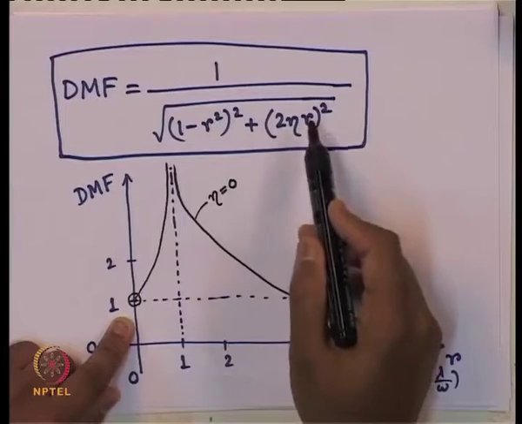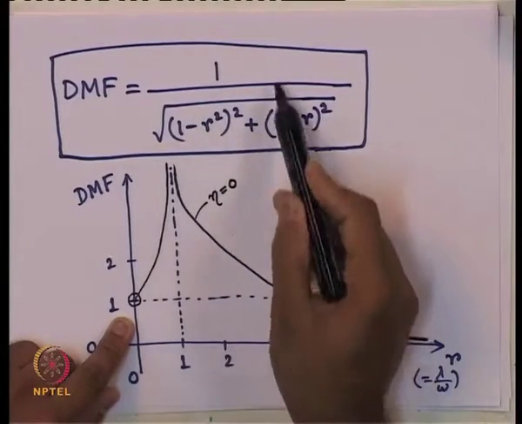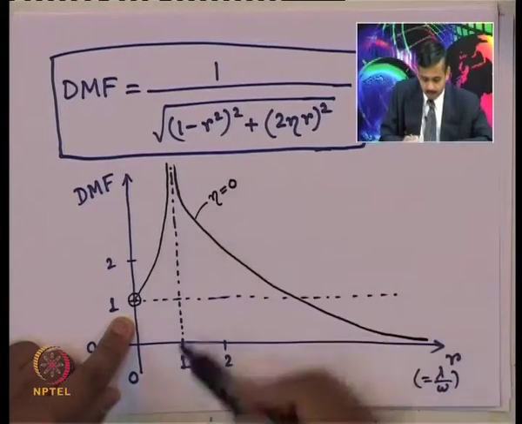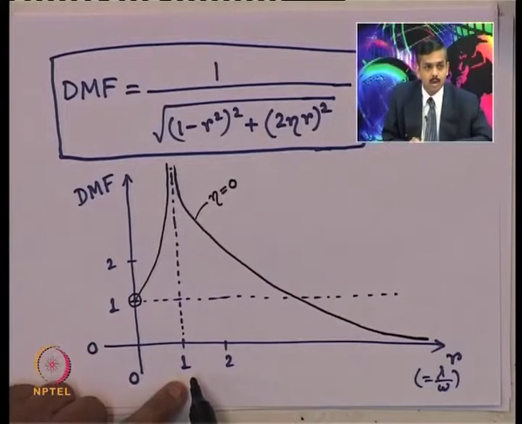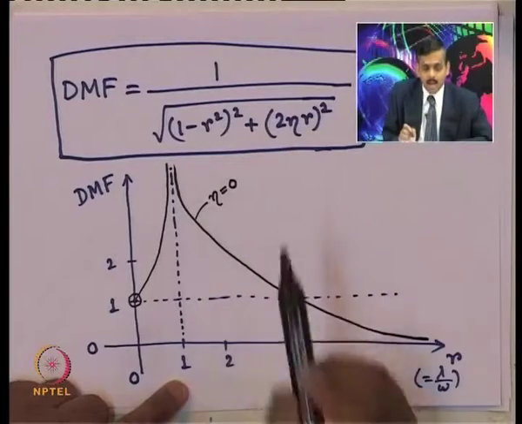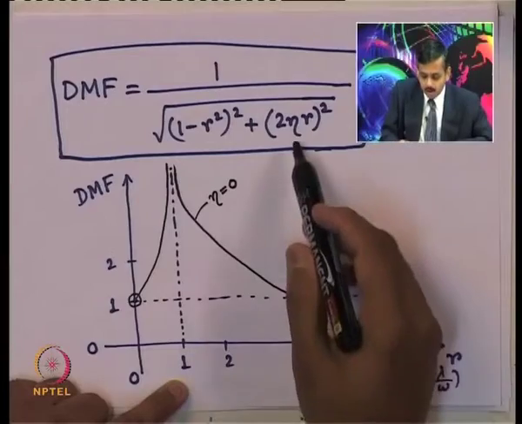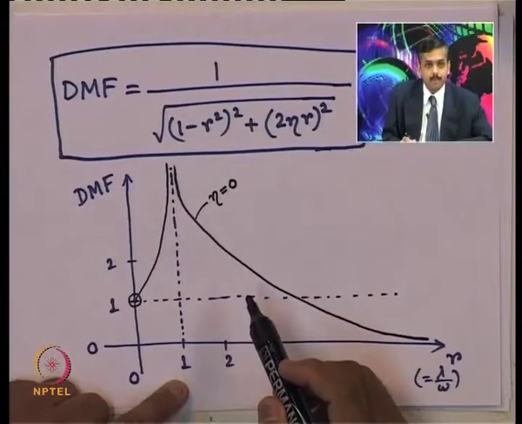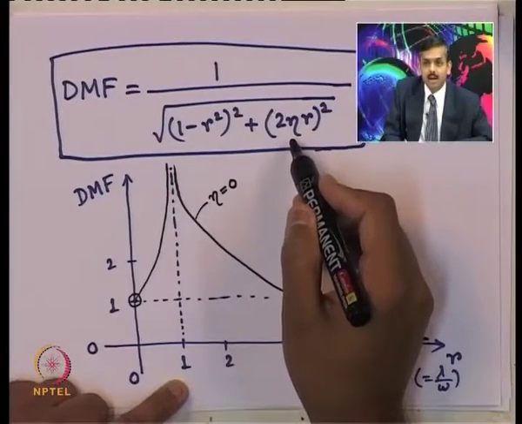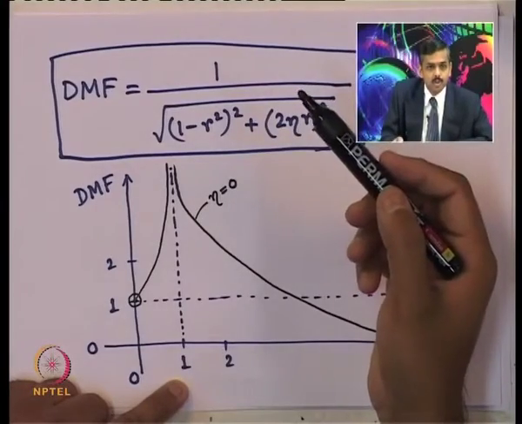So, we have 0.04 and here it is 1. So, it becomes 0, but we have some finite value which we can obtain for r equals 1 at non-zero value of eta. And let us look at what happens when r tends to infinity for non-zero value of eta. When r tends to infinity, whatever your value of eta, this DMF goes to 0 or approaches 0.